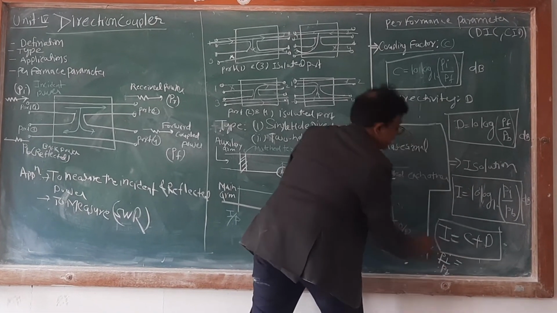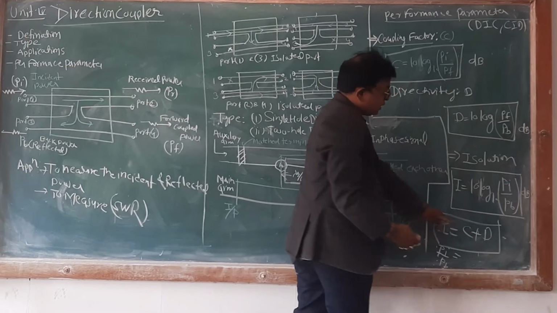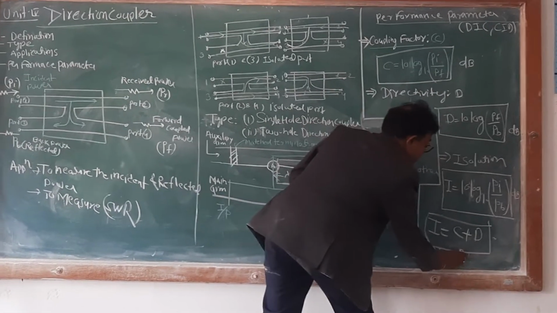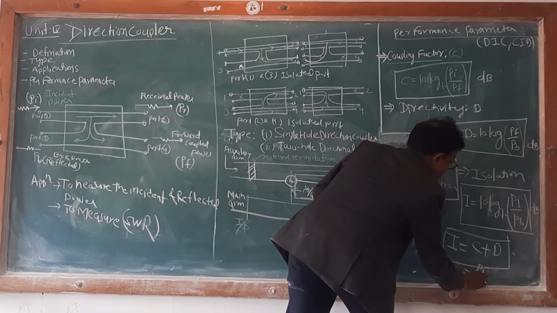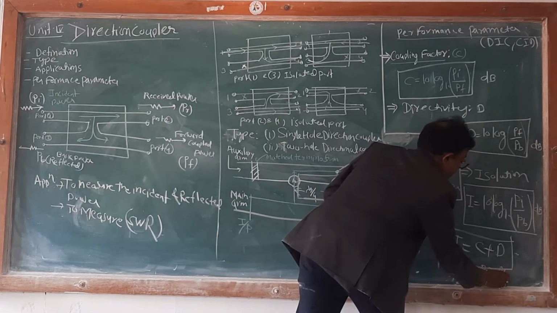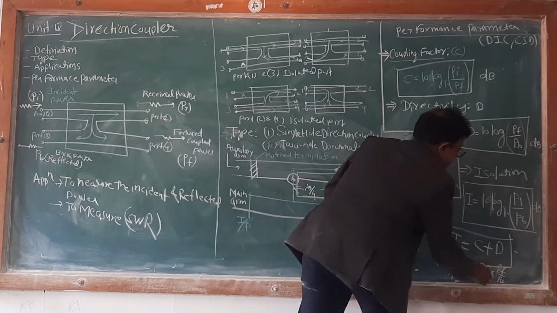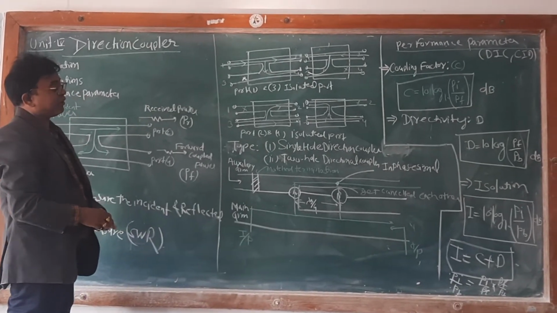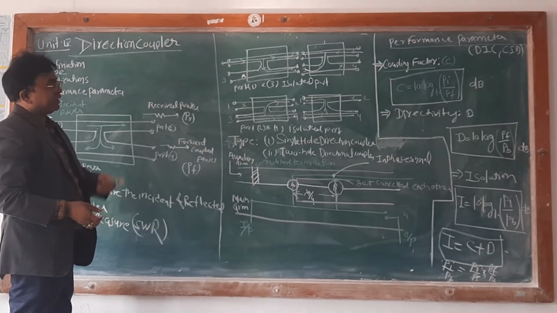If you take the log value of this, this becomes Pi upon Pf into Pf upon Pb. So this gets cancelled out. So ultimately your isolation factor is the sum of coupling factor plus directivity.